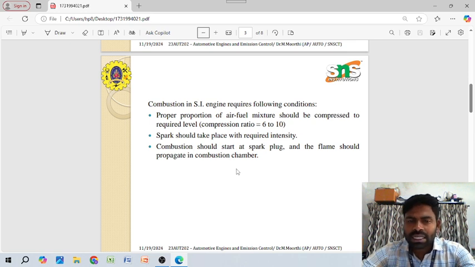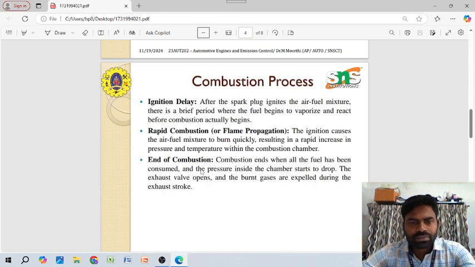Generally, the compression ratio for an SI engine is 6 to 10 in most cases, and goes up to a maximum of 12. The spark should take place with the required intensity, combustion should start at the spark plug, and the flame should propagate in the combustion chamber.